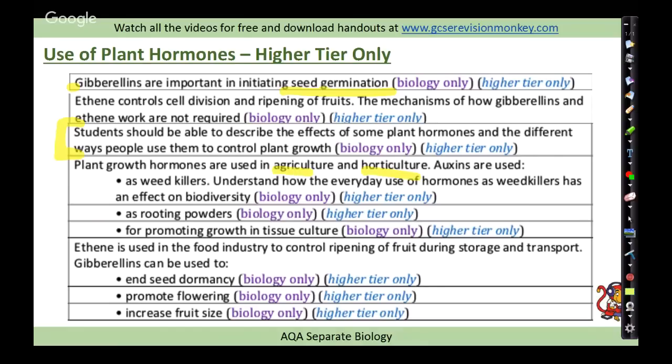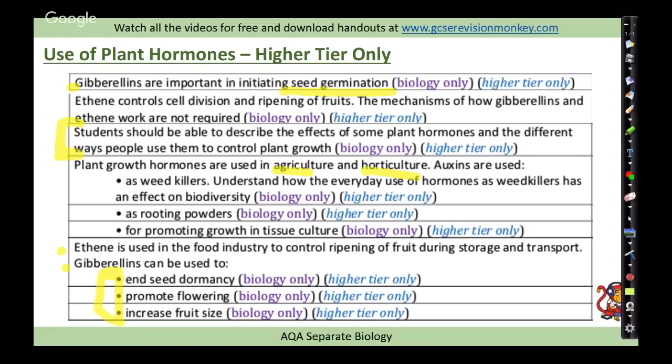Auxins are used as weed killers, we need to know about that, as rooting powders, and promoting growth in tissue culture. That's what you put on the Petri dish when you do a tissue culture cloning. Ethene is used in the food industry for ripening of food, and gibberellins can also be used, especially in garden centres and horticulture, to end seed dormancy, promote flowering, and increase fruit size.